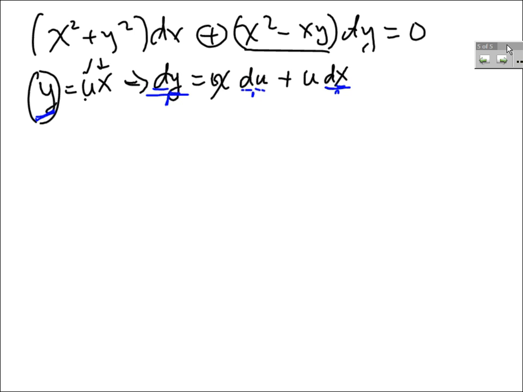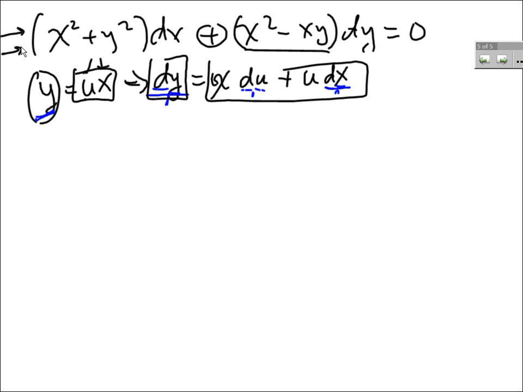So let's rewrite this new equation. Let's rewrite this top equation. And whenever we see y, we're going to put ux. And whenever we see dy, we're going to put this mess. So first I see x squared, so I write x squared plus, then I see y squared.